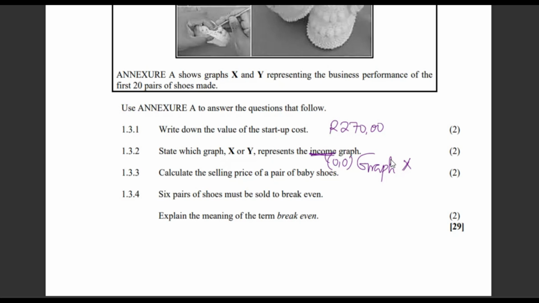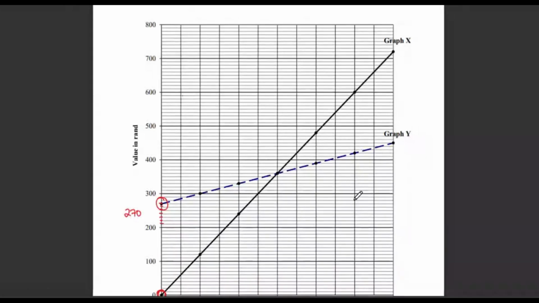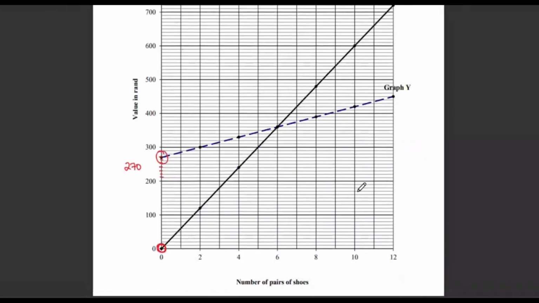Now the selling price. All you're going to do, you come to the graph, you look for a perfect number. What do I mean by perfect number? For example, there's a number here. You see this number here. Here at 600, the person has sold 10.